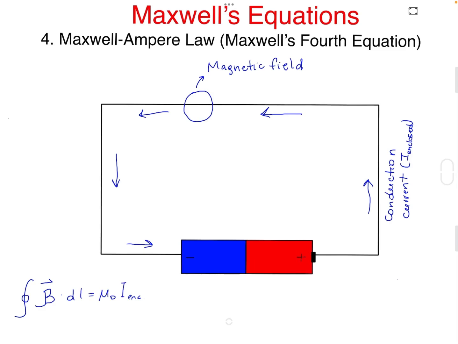The circle within the integral means it's a closed loop, just like you see here in this diagram. It's closed, so there is no open space in between. That works perfectly when the current is constant with no gaps or interruptions in the conductor.